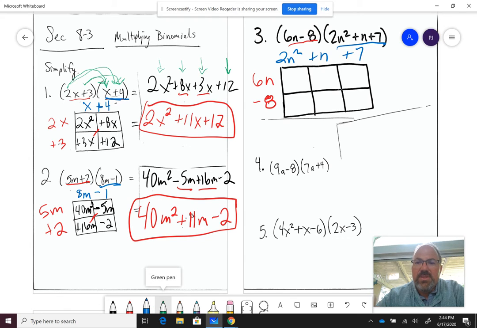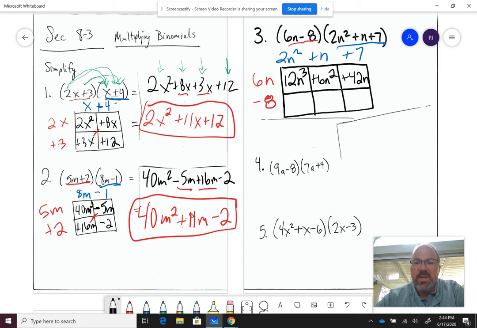6n times 2n squared. What's that going to give me? 12n cubed. 6n times n is positive 6n squared. 6n times 7 is positive 42n.